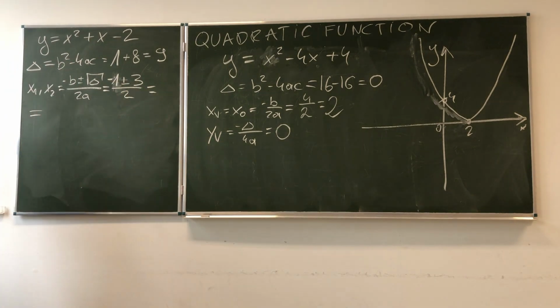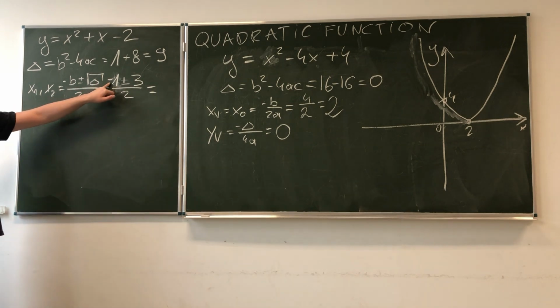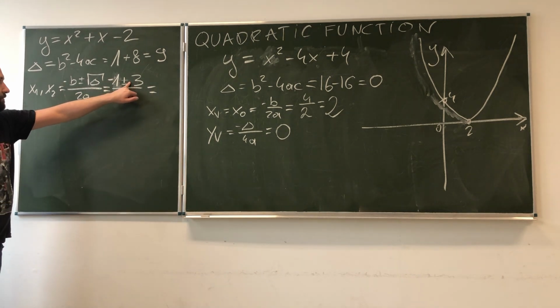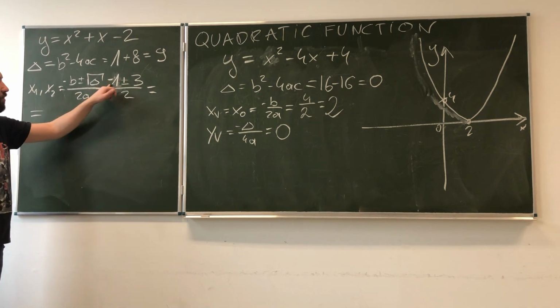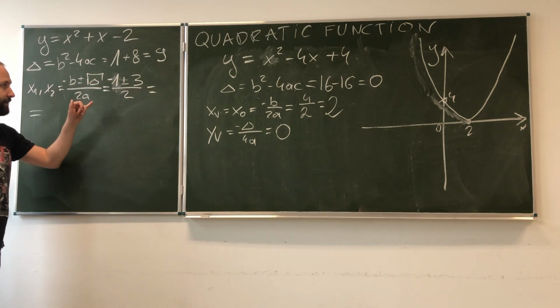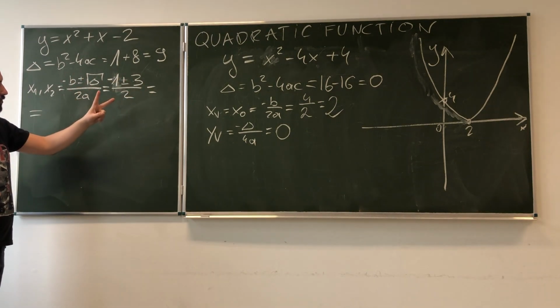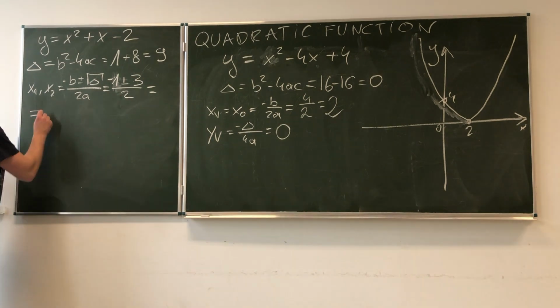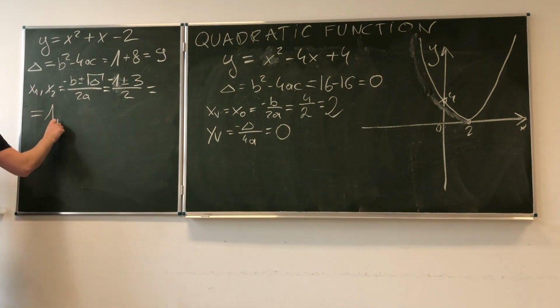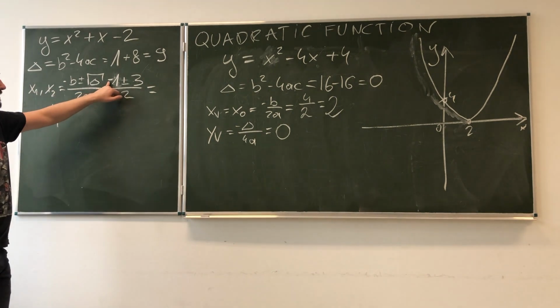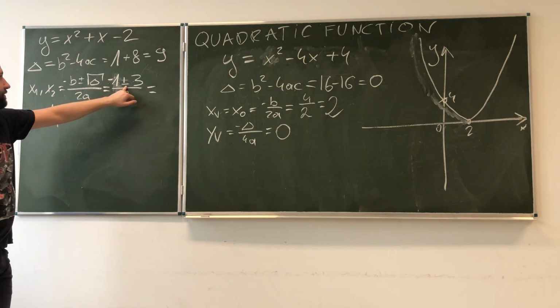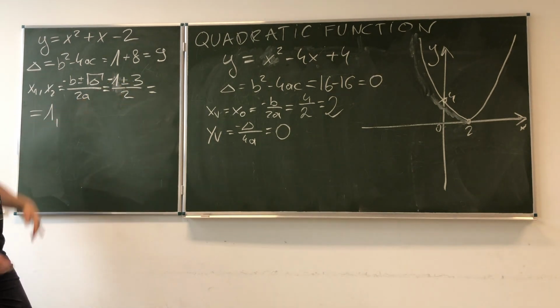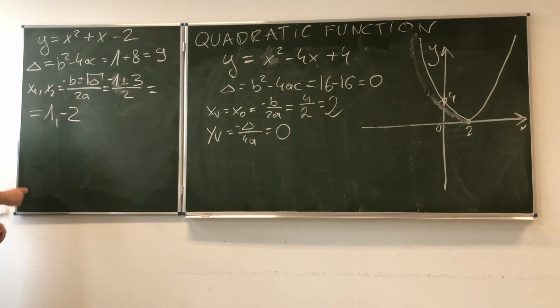Okay, so we've got first negative 1 plus 3, which is 2, divided by 2, it's 1. Then we've got negative 1 minus 3, it's negative 4 divided by 2, it's negative 2.